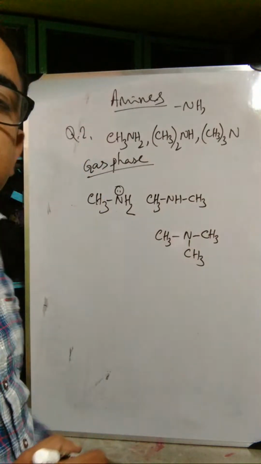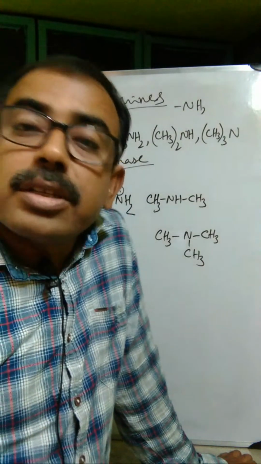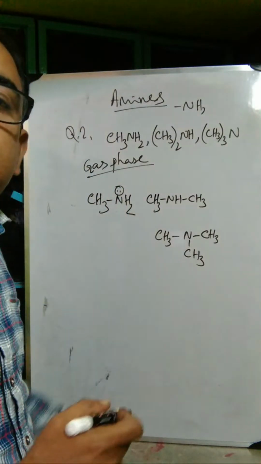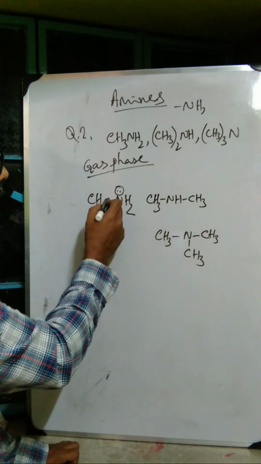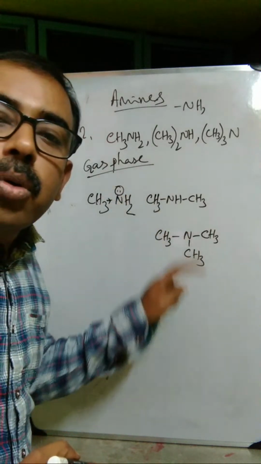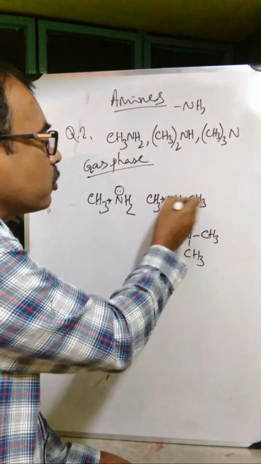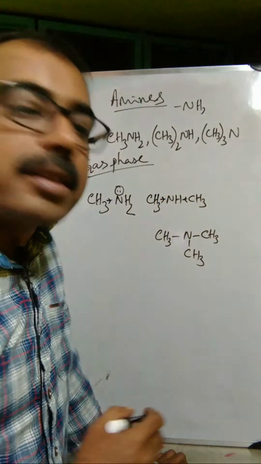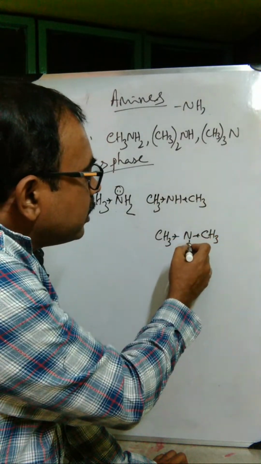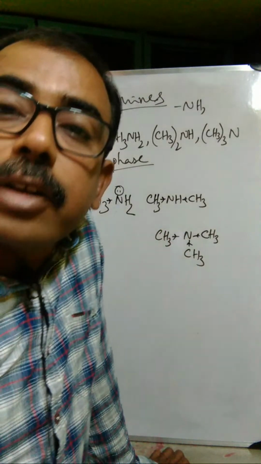Here only one CH3 group is present, and as you know, the CH3 group has a +I inductive effect, that means electron pair repelling effect. So CH3 repels its bond pair electrons towards its nitrogen atom, making its electron density more. Here two CH3 groups are present which are repelling electron pairs towards the nitrogen atom from both sides, and here three CH3 groups are present, repelling the bond pair electrons towards nitrogen. So where will be the electron density?